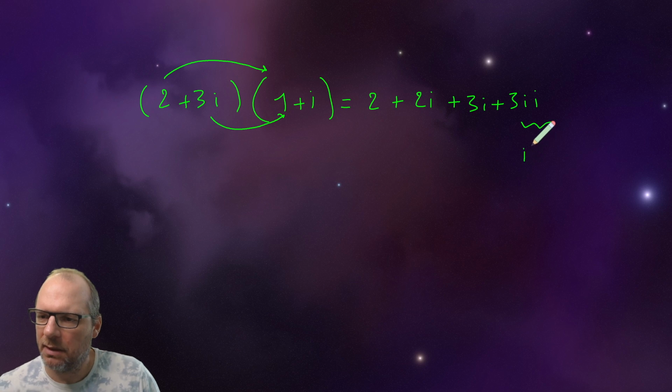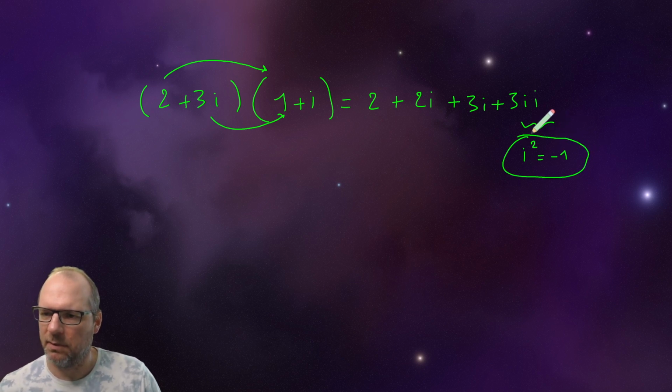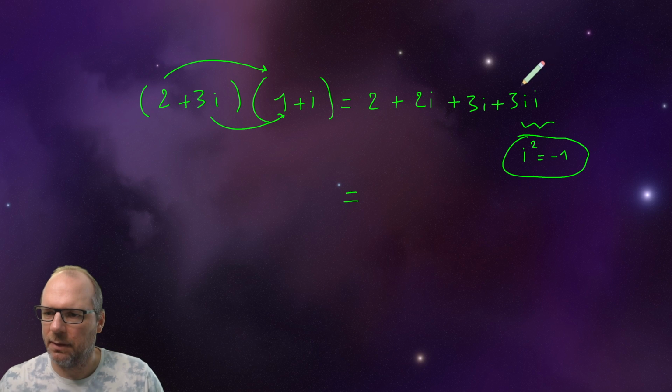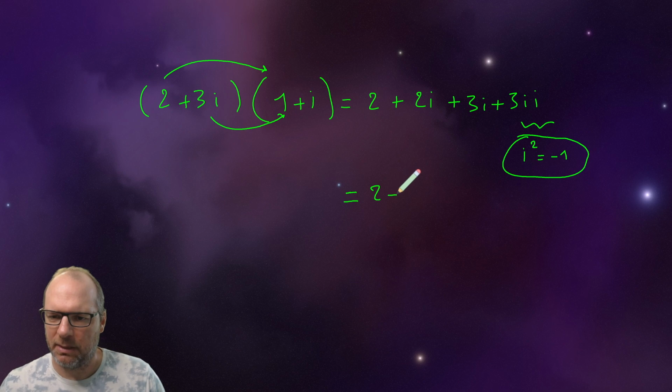We can use the special property: we know that i squared equals -1. So now we have 2 minus 3, plus we can group the i with 5i: -1 plus 5i.